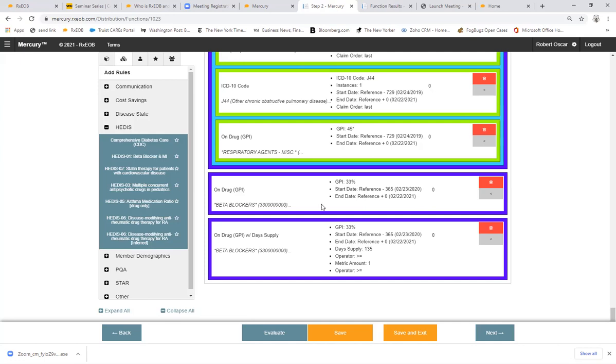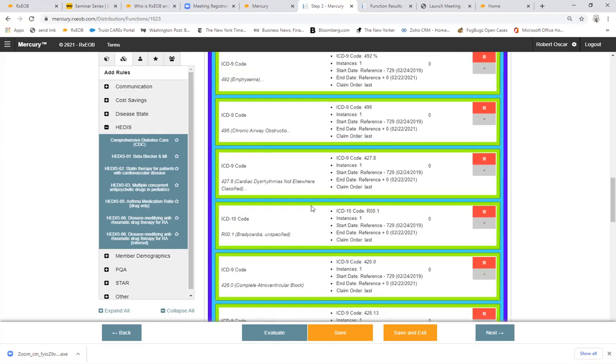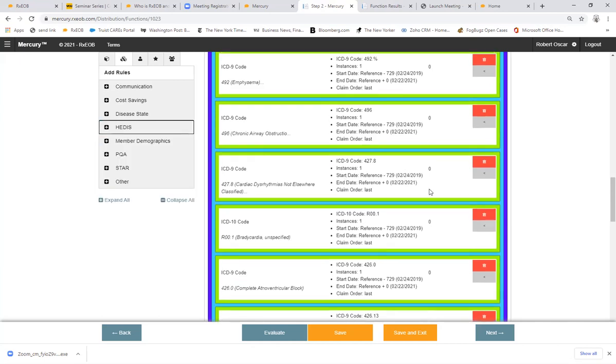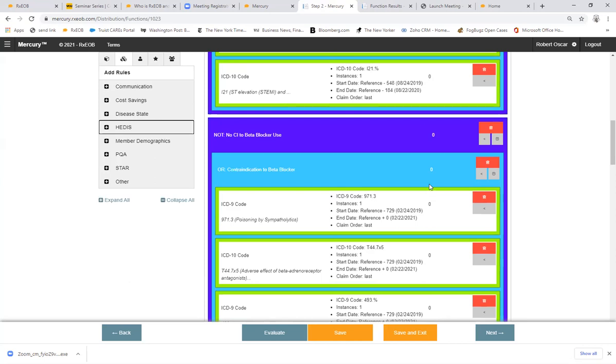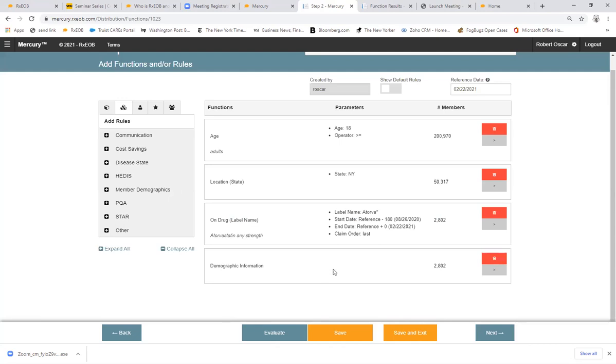In this case, we use a GPI code of 33 to identify beta blockers. We could be more specific if we wanted to, but we can talk about that. But the idea is I'm going to get rid of this to make this easier, just to show you that it can be very complicated, or it can be very straightforward and very easy.